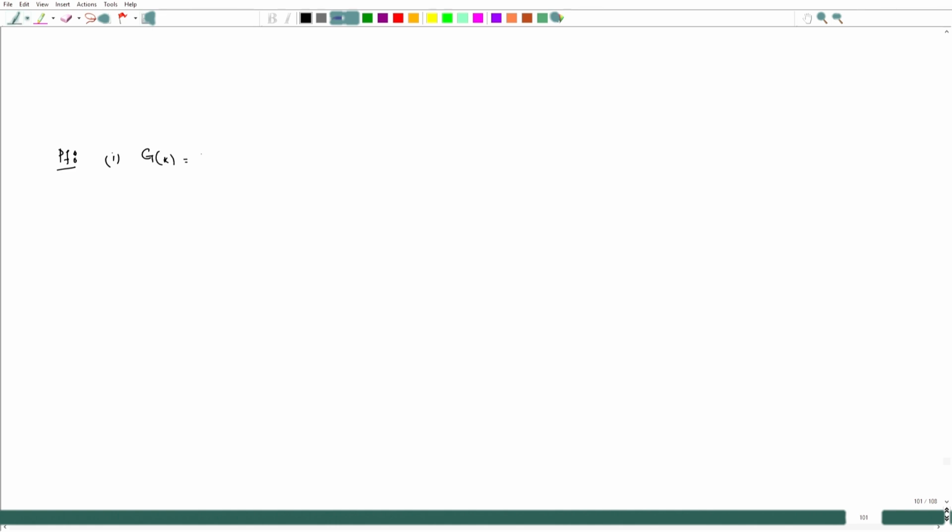This is equal to 1 by n, summation over n equal to 0 to n minus 1 of g of n e to the power minus 2 pi i k n by n, and we know the formula.